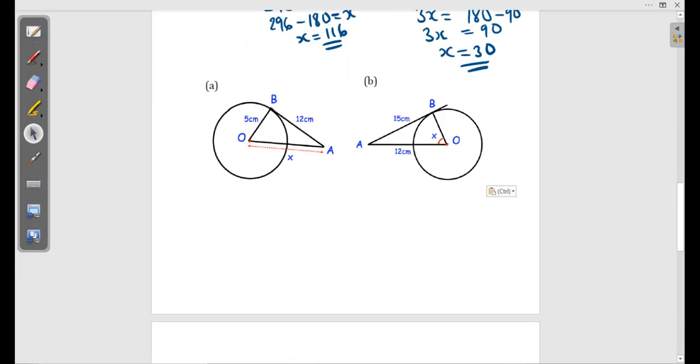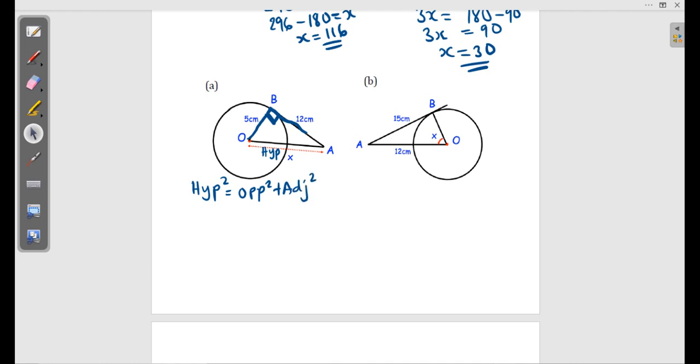Looking at the first one, let us identify the radius. This is the radius, this is the tangent. So this is 90 degrees. So obviously this is my hypotenuse, and that means I'm going to use Pythagoras theorem, which says that hypotenuse squared equals opposite squared plus adjacent squared.